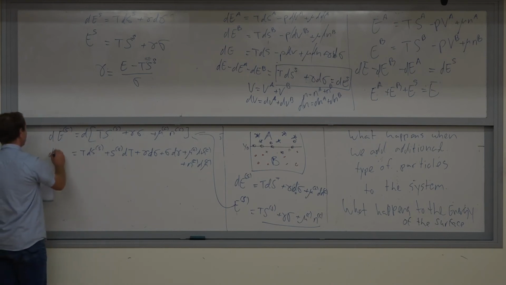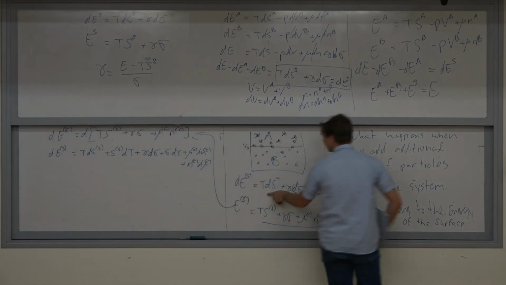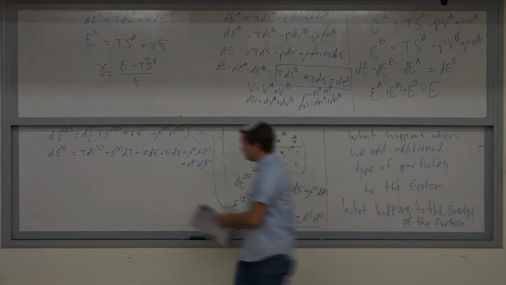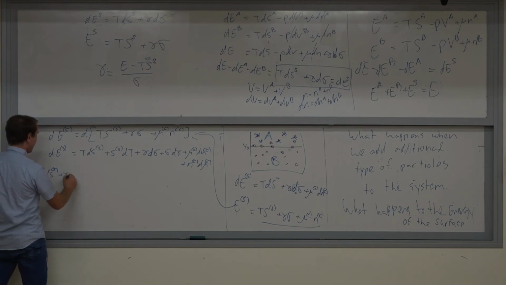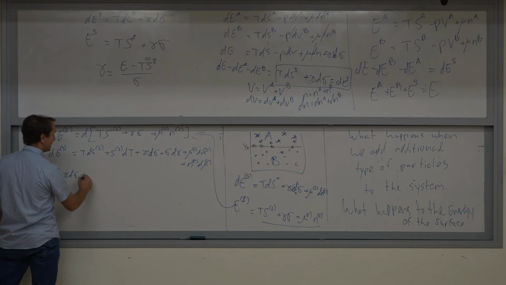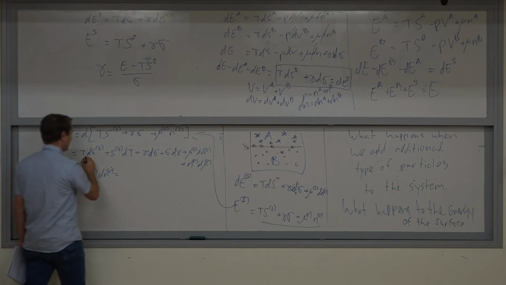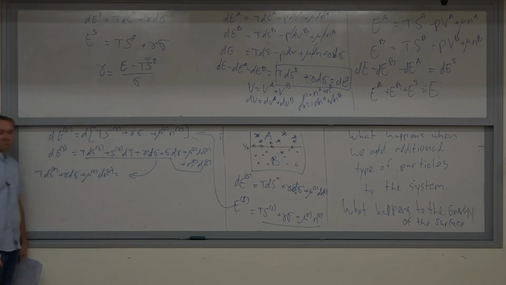So this is dE_s. But dE_s is also what we have constructed over here. So we know that T dS_s plus gamma d sigma plus mu_C dN_C equals this. They're exactly the same, they must be.